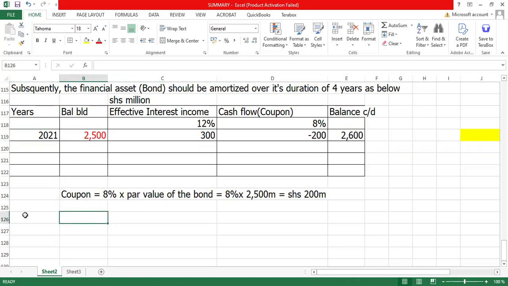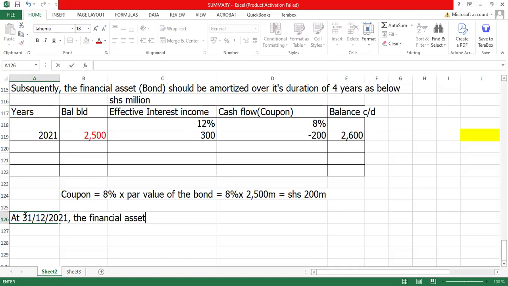I can write and say at 31st December 2021, the financial asset, that is your bond, should be tested for impairment.